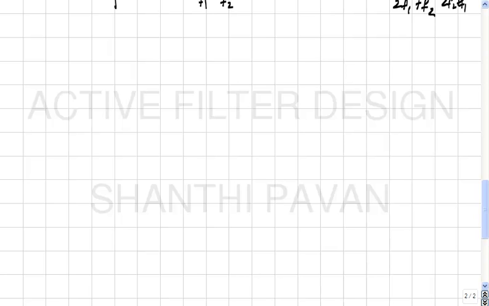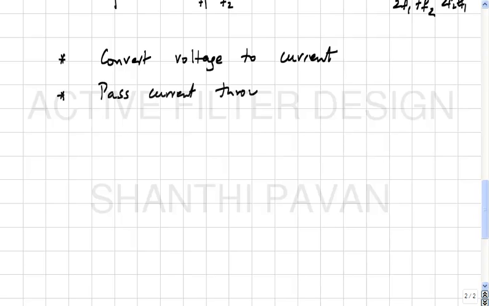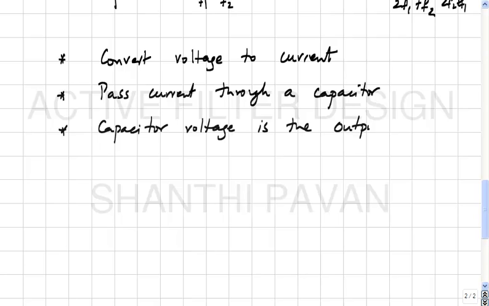So, what we need to do is convert the input voltage into a current, pass this current through a capacitor.